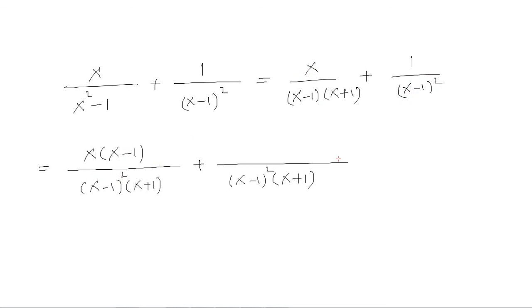So for the second part, what happened to this denominator? It was multiplied by x plus 1. I need to do the same for this numerator. So 1 times x plus 1 is just x plus 1. So now I can use the common denominator, x minus 1 to the power of 2, x plus 1, and x times x is x squared minus x plus x plus 1.